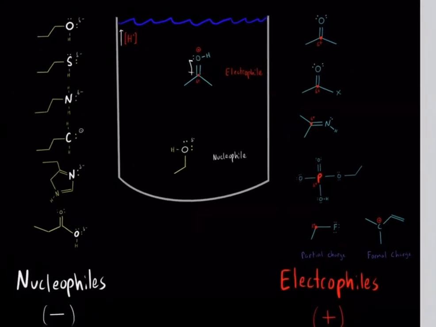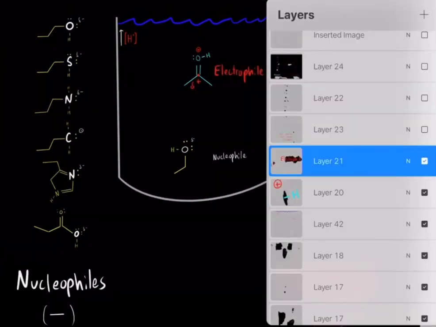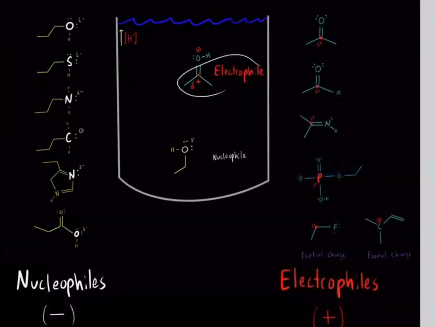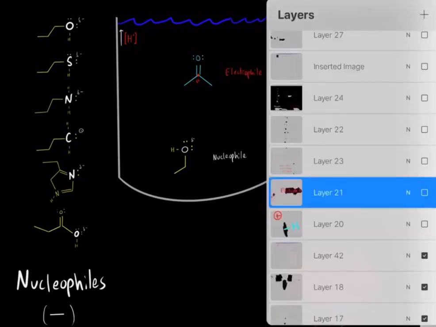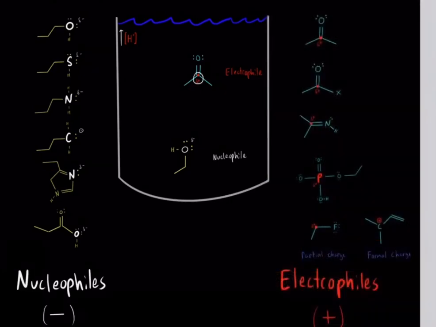So we're going to strongly pull electron density, negative charge density. So we're going to create a stronger electrophile, a more reactive electrophile. Originally we had an electrophile. However, we protonate this guy. Now it pulls more negative charge, creating a stronger electrophile.